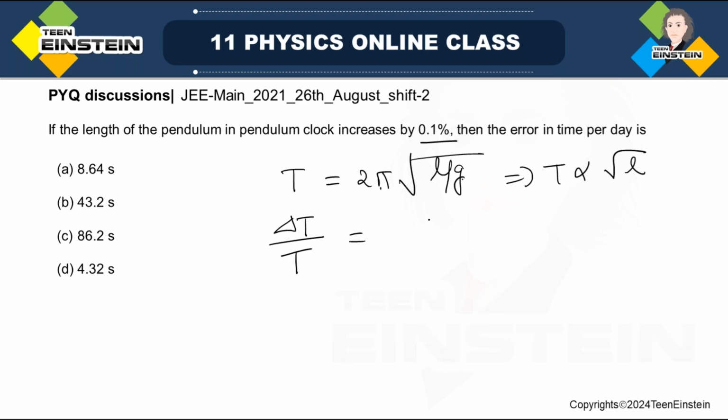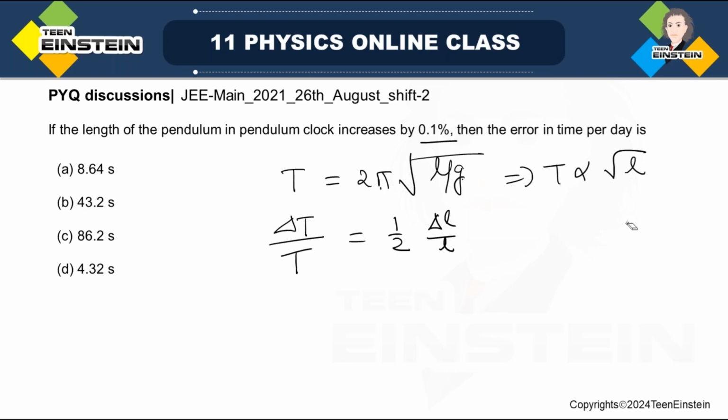So in this case I'll get half into delta L by L. I hope you are understanding, because when I take log of L to the power half, this power will come in front, right? Then it will be half log L, and taking the derivative of this L in terms of L will give you half delta L by L.